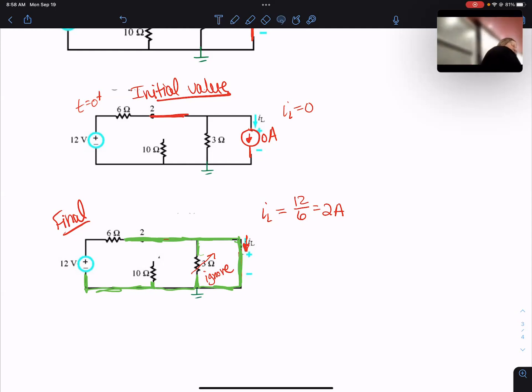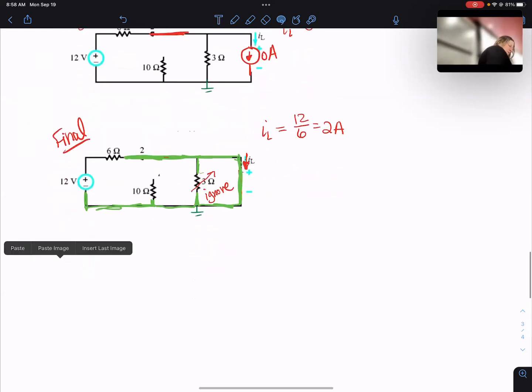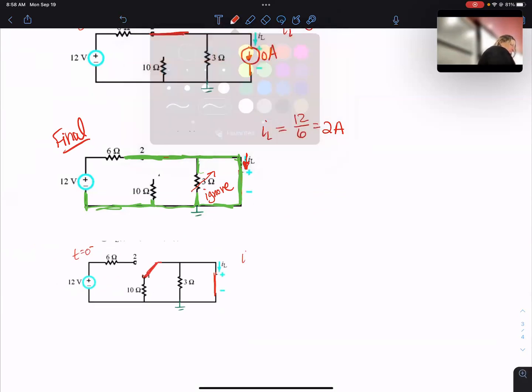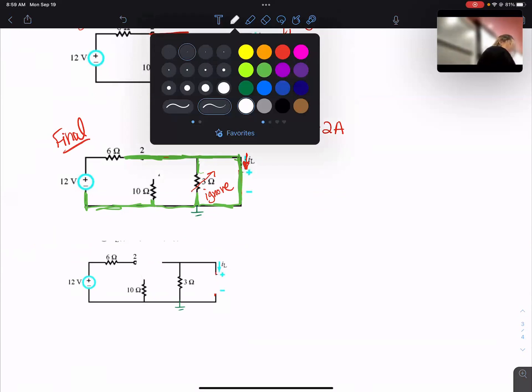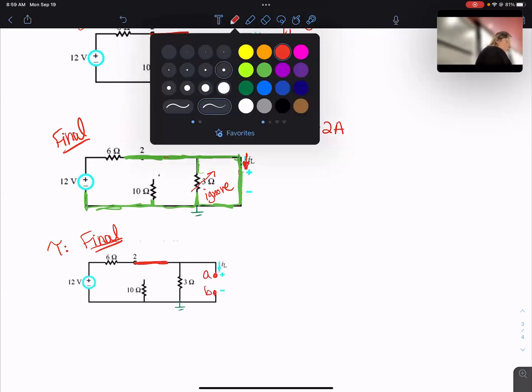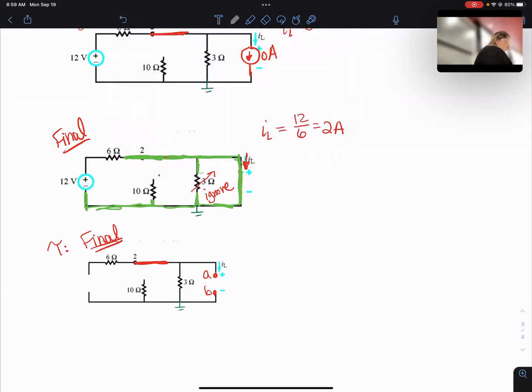Okay, so then I use this final circuit also to find tau. So again, final position for tau, which means that this is going to be a wire, my A and B. And then any independent source I remove, a voltage source is a wire, and a current source at 0 looks like an open.